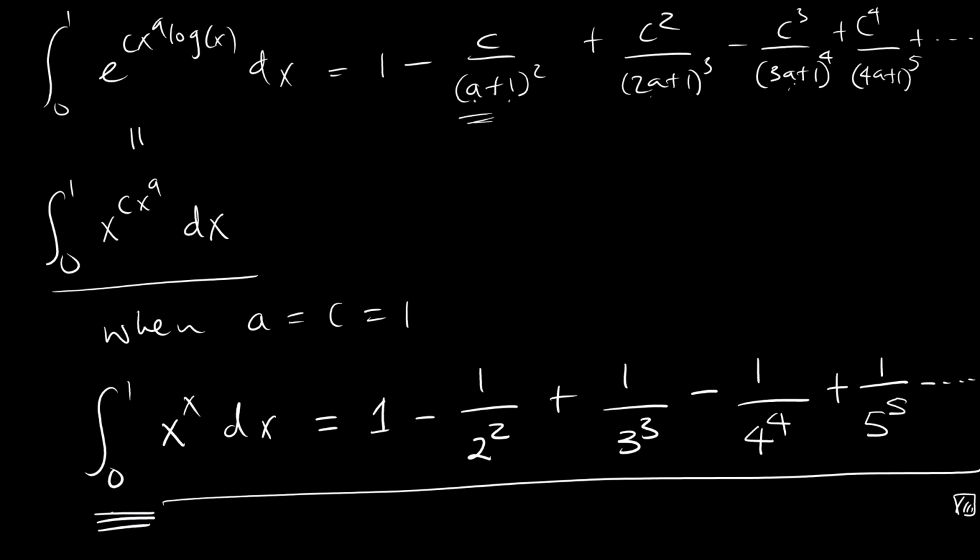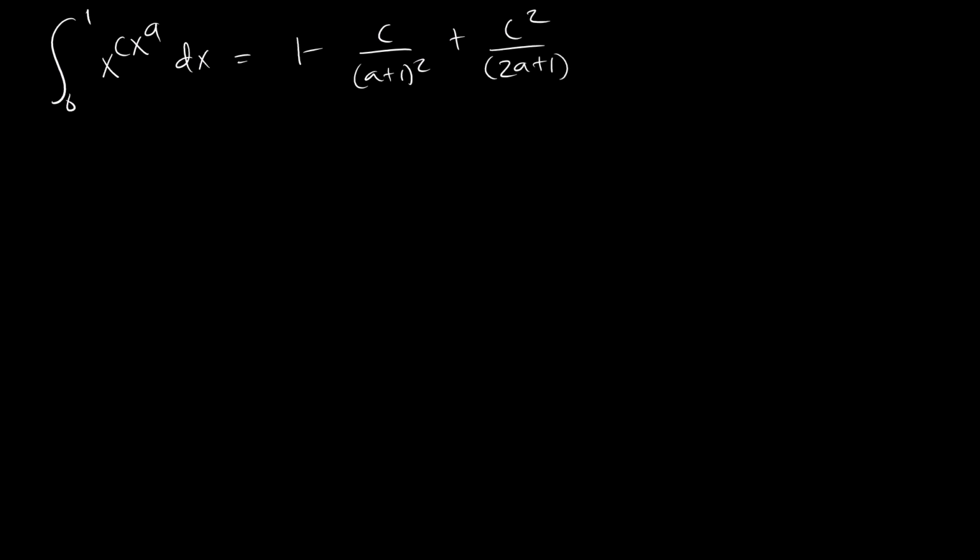So we have the integral from 0 to 1 of x to the power c x to the a being equal to 1 minus c over a plus 1 squared plus c squared over 2a plus 1 cubed minus c cubed over 3a plus 1 to the power 4 plus c to the power 4 over 4a plus 1 to the power 5, and so on and so on.